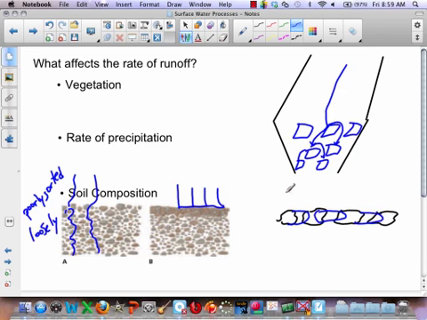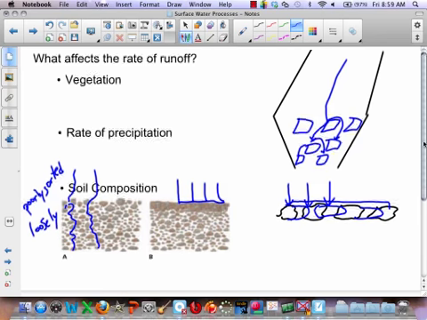And so as new water's coming in, there's no pore spaces for that water to go into the clay. Therefore, it either runs off very quickly, or if you're in a flat area, it just starts to fill up. So again, the type of soil that we have dictates the amount of runoff we have as well. Those are some of your three main factors there.